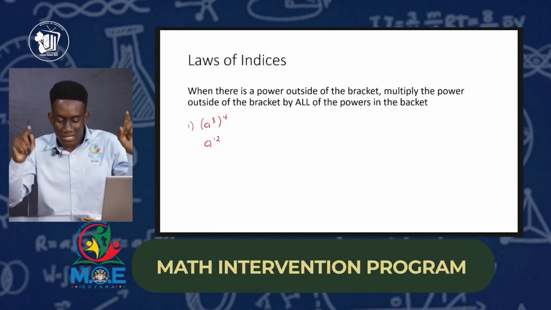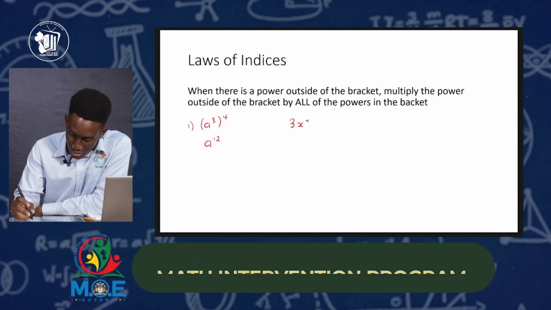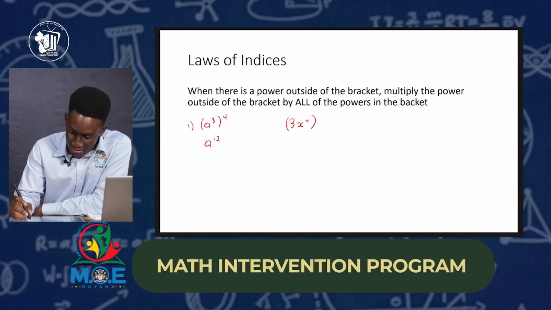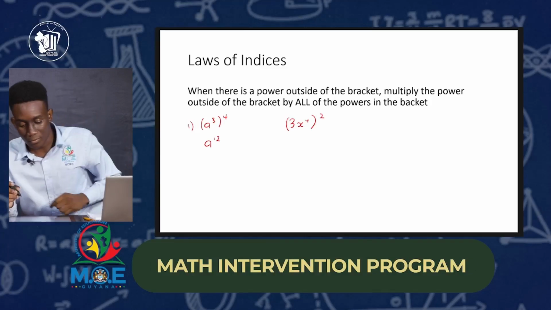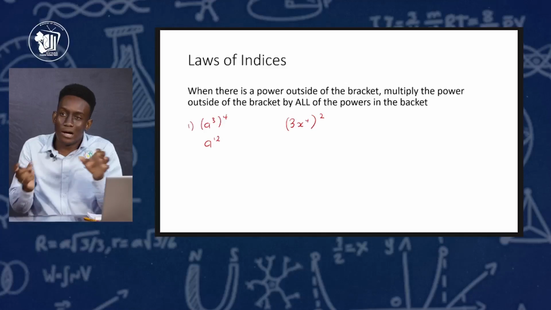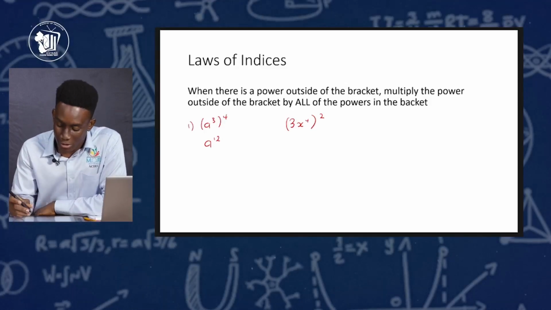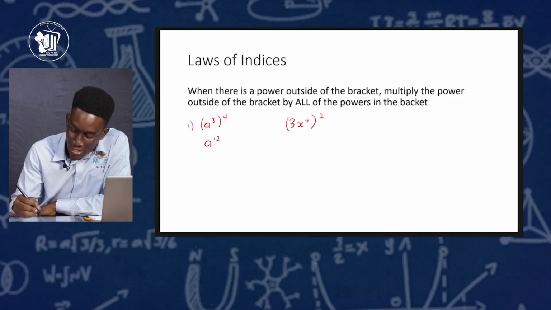So this is what this law is saying. So let's say we had another example. Let's say we had 3x to the fourth, all raised to the second power. The law says the power outside the bracket is multiplied by all the powers in the bracket, not just one power, all the powers. So this 2 has to multiply all the powers in the bracket.